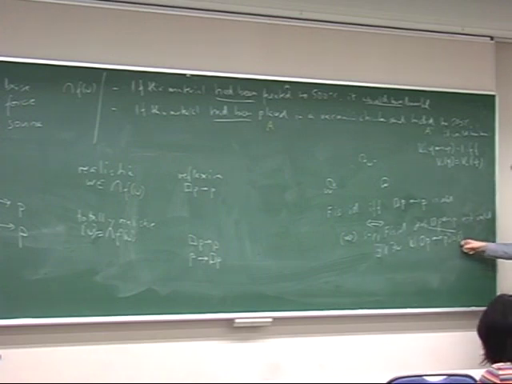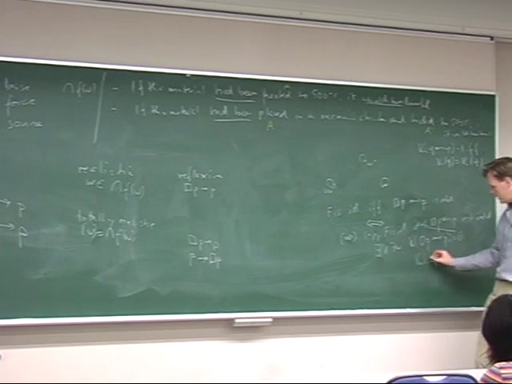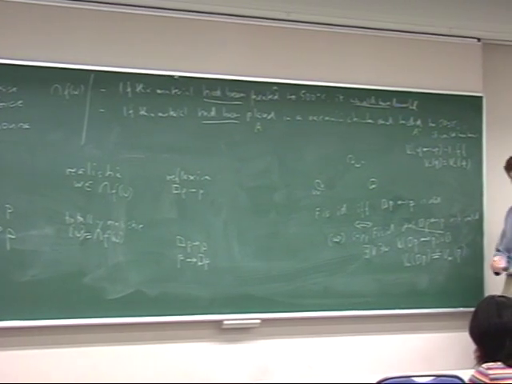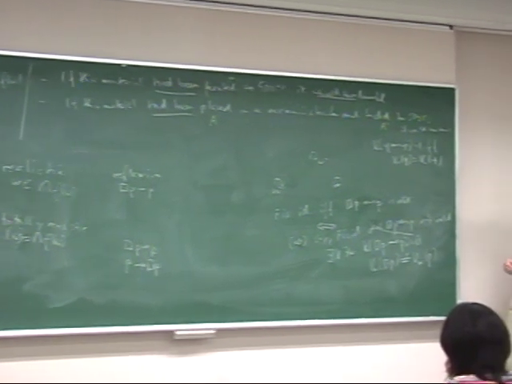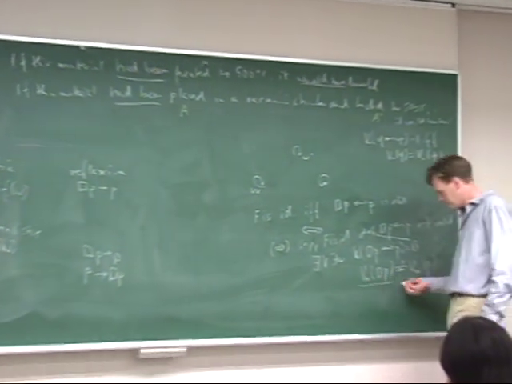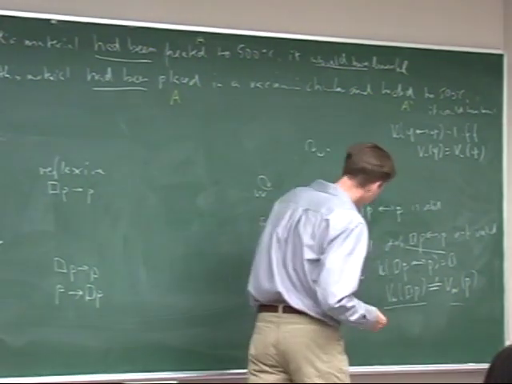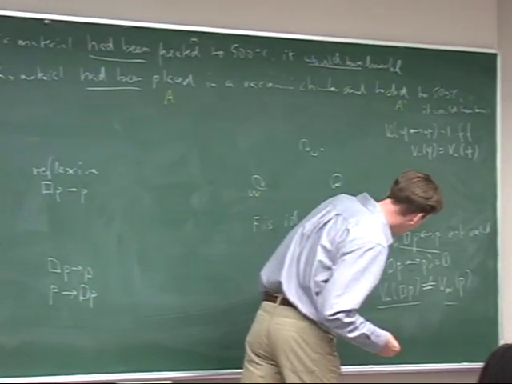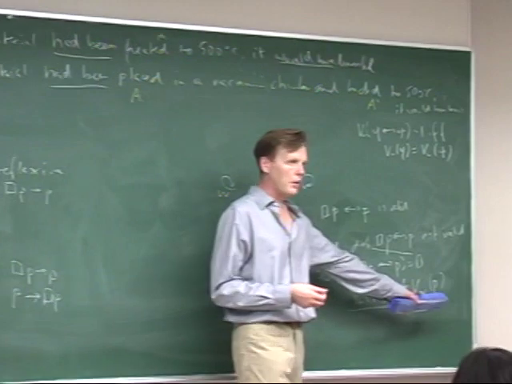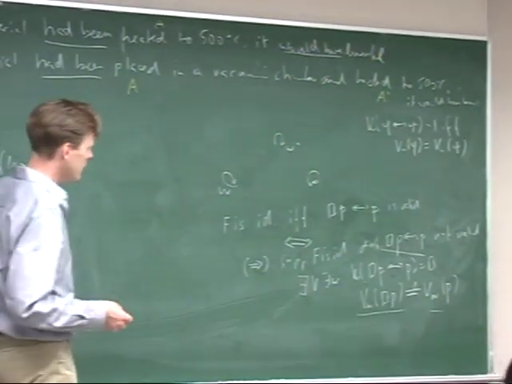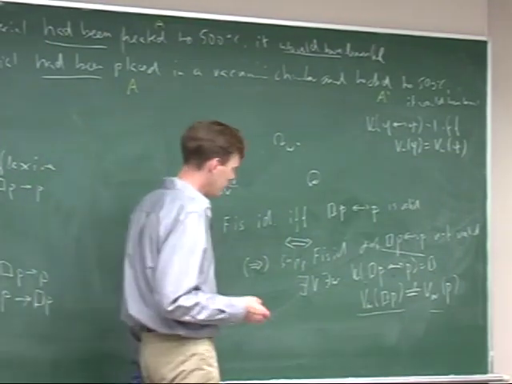Now this is false if and only if there is some world and some V where VW of necessarily P is not the same as VW of P. Okay? So we can have a world that either makes this true and this false, or the first false and the second true. We should actually consider both of these possibilities.